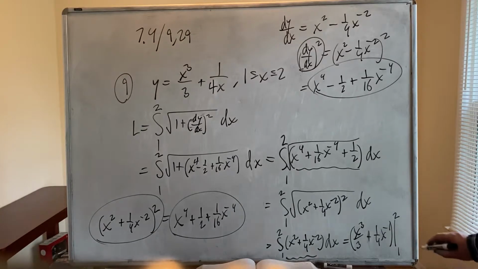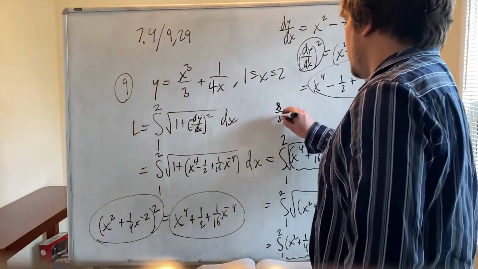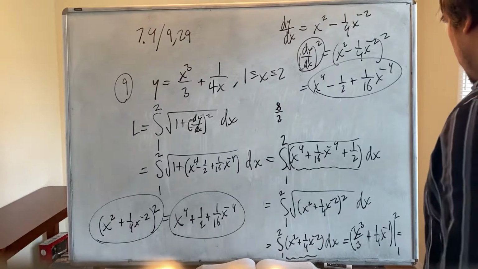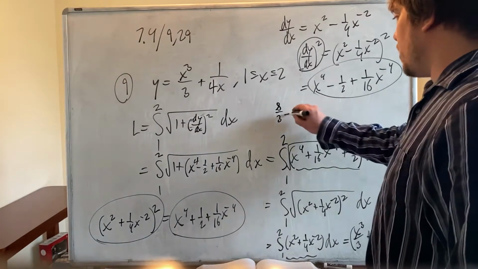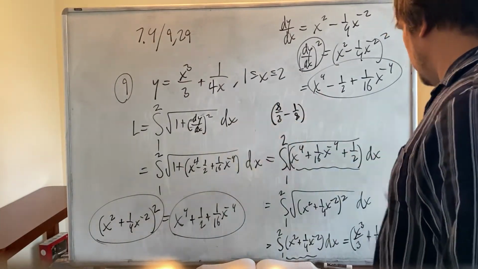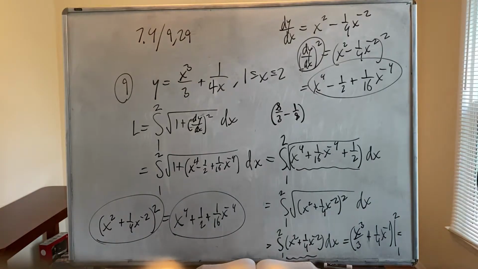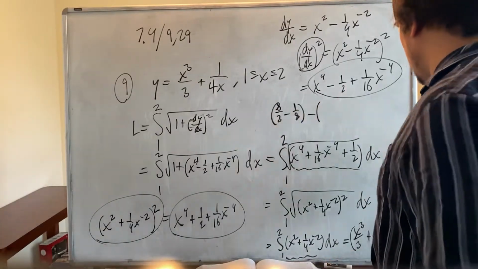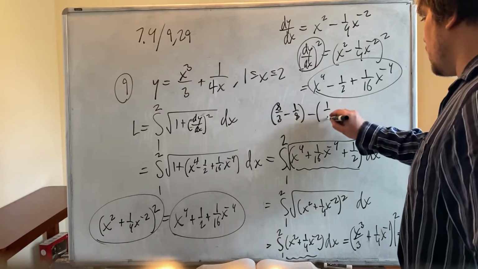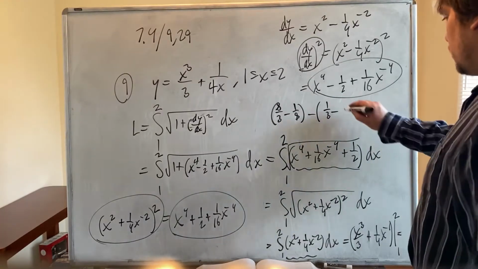And so that equals, when you do the arithmetic, 8/3 minus 1/8 minus (1/3 minus 1/4).